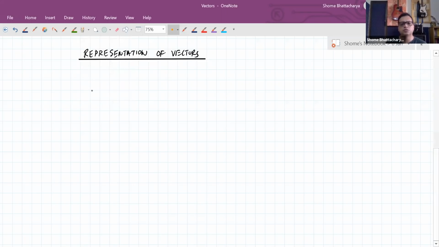So as you probably are well aware of, the first method of representation of vectors is what we call the geometrical representation. So in the geometrical representation, a vector is just represented by an arrow.